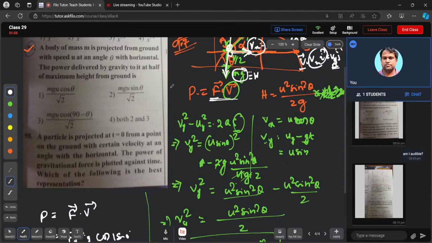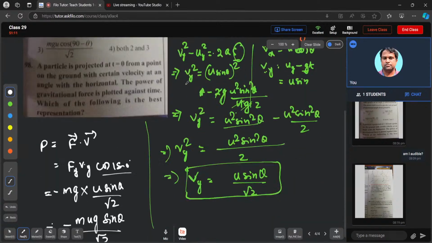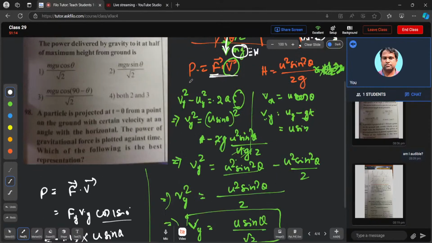Fine. So we'll write the magnitude of the power. Cos 90 minus theta is also sin theta, right? So option 3 is also correct.